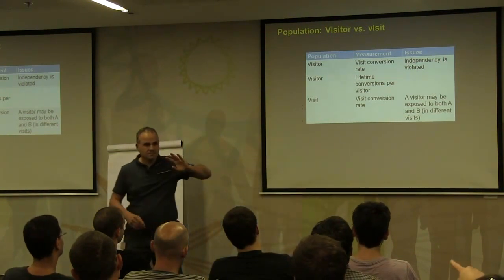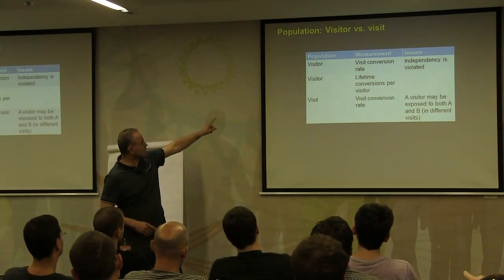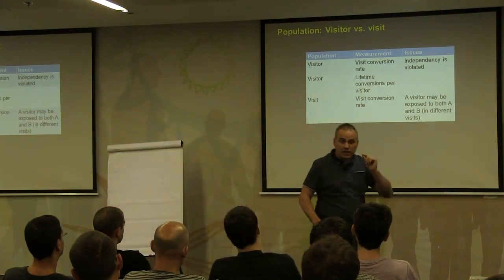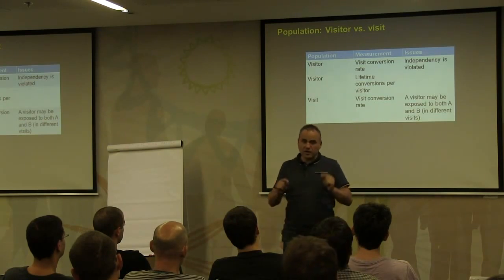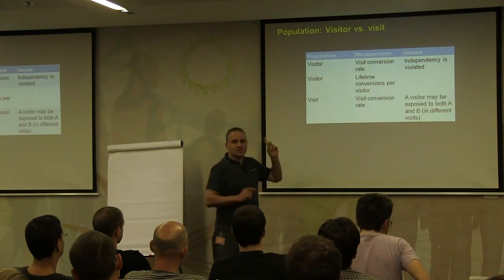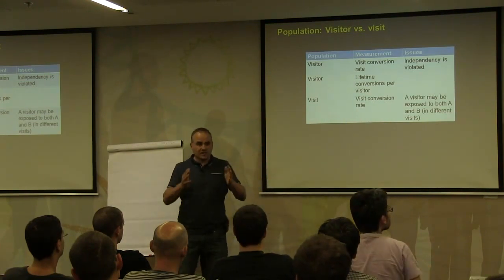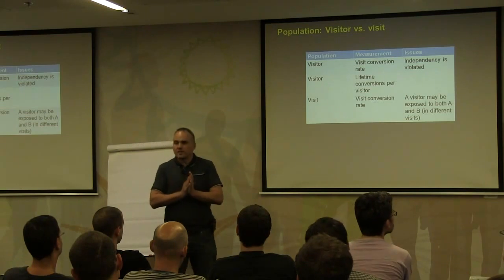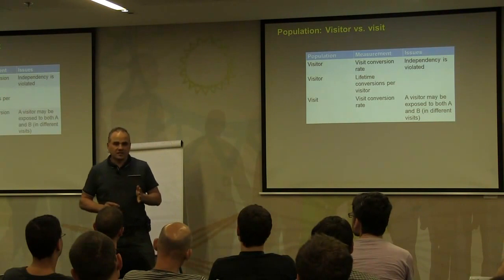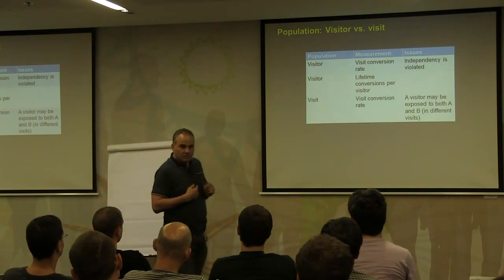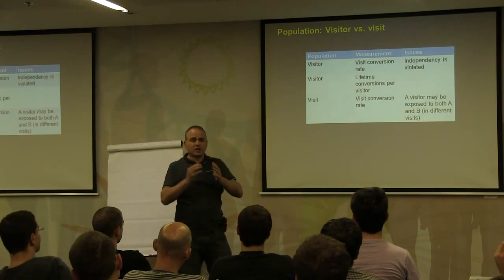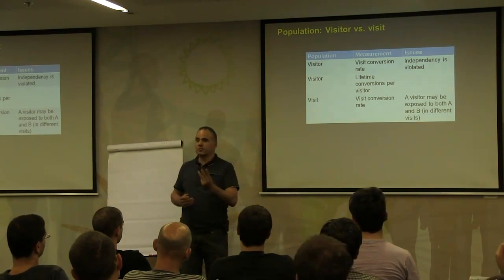But then this is row number 2, right? No, in row number 2, the allocation is the same. I'm allocating on the first visit only, but I'm not measuring the visits differently. Let's take an example, okay? Let's say I had a visitor who visited my site 3 times. In the first line, I'm looking at 3 observations.